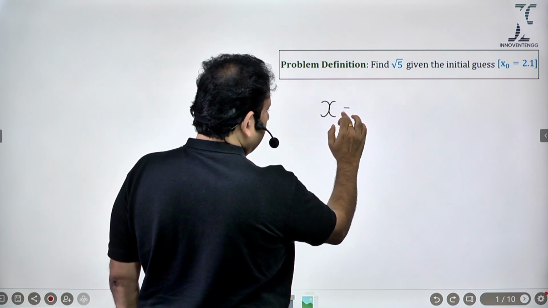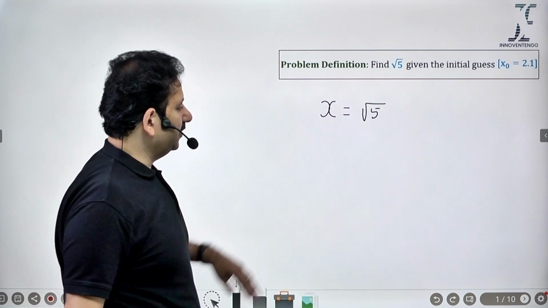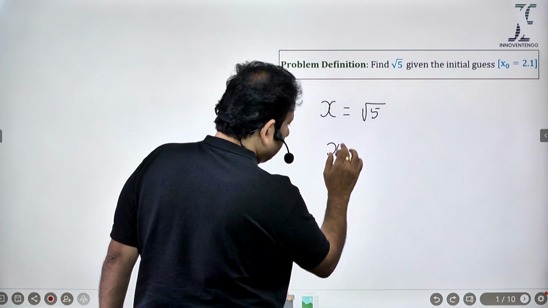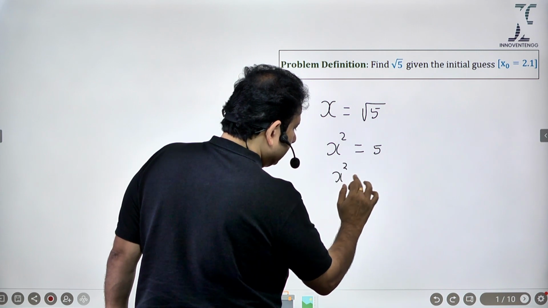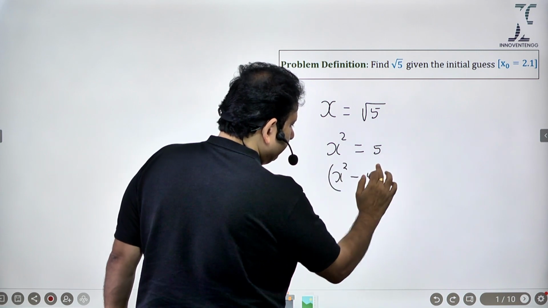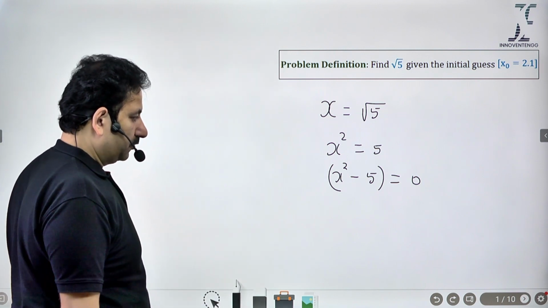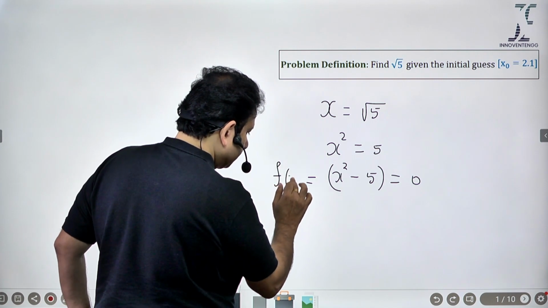That means you are trying to find x equal to root 5. You are trying to estimate this, right? So if I simplify this, it becomes x square is equal to 5, and if I further simplify, I'll get x square minus 5. When this goes to 0, you are going to get the value of root 5. That means this is the function which is f of x.